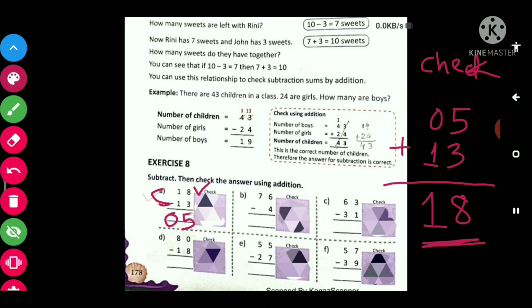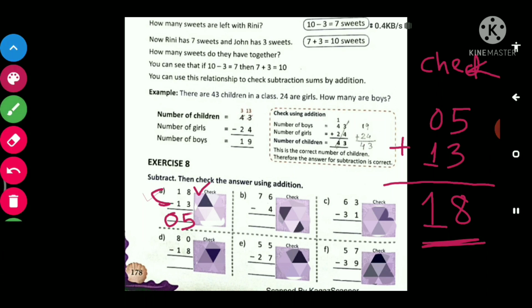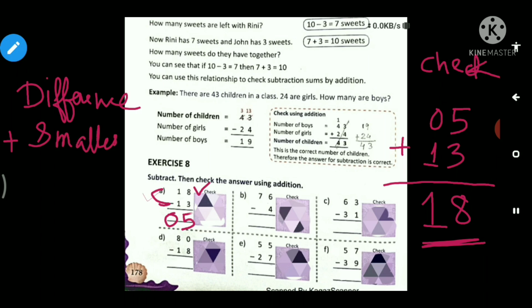Okay, so how can we check our subtraction? So first of all we'll write the difference. Then we'll add our difference with the smallest number that is given in your question.